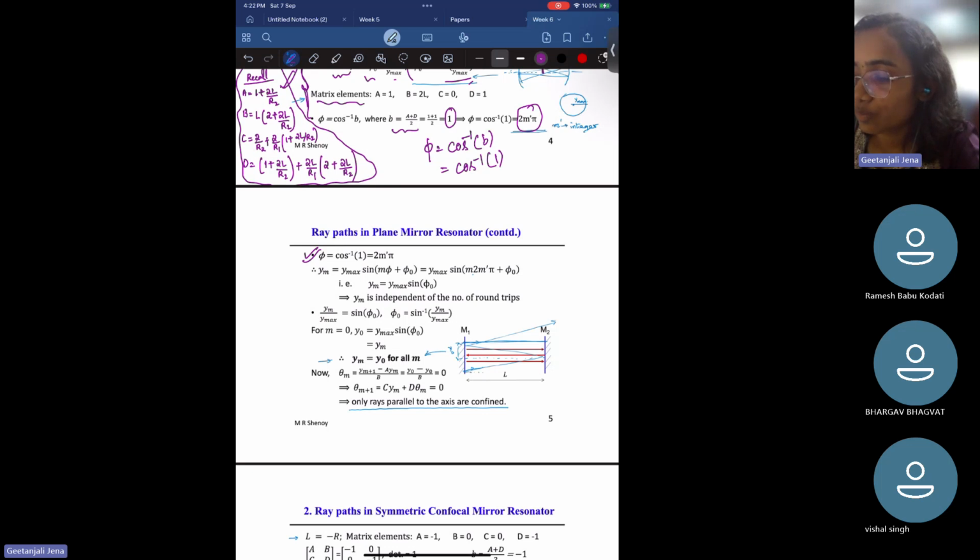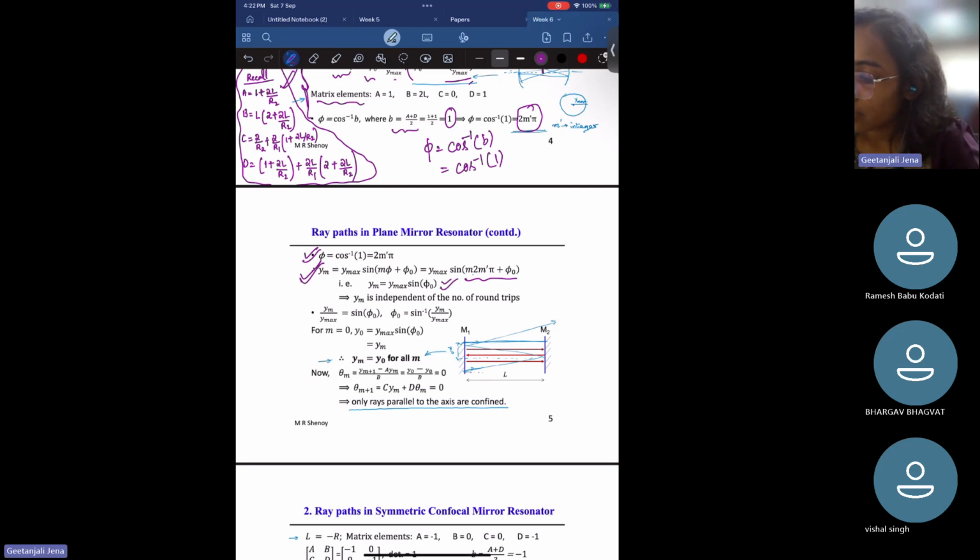Now you just have to put the value of φ in the expression ym equal to y max sin(mφ + φ0). And this is the final form.